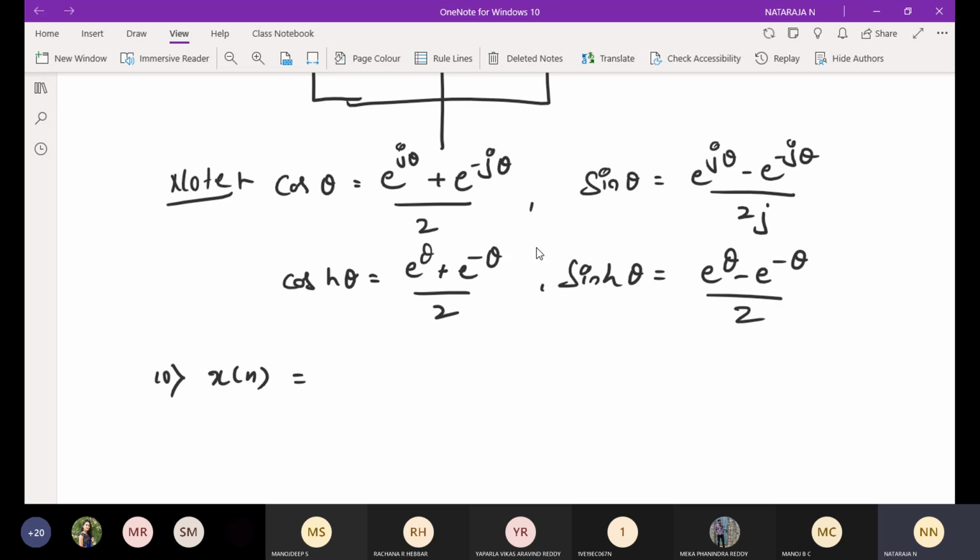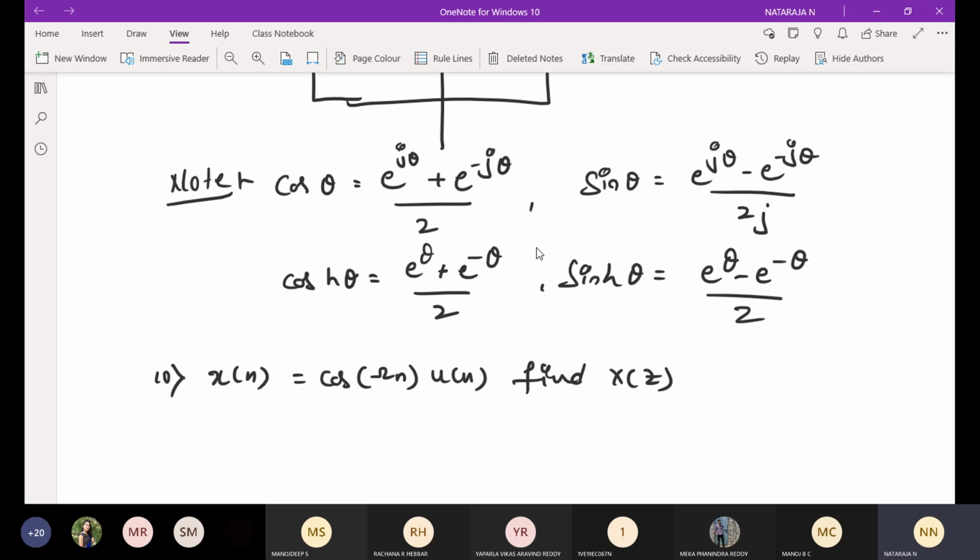x of n is equal to cos of omega n into u of n. Find X of z and plot the ROC. Try this problem.